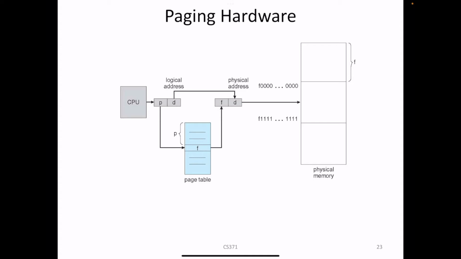And because the page and the frame have the same size, both the logical address and the physical address share the same page offset. Then we just combine the frame with the page offset, and we can allocate the data or instructions on the physical memory based on the logical address.